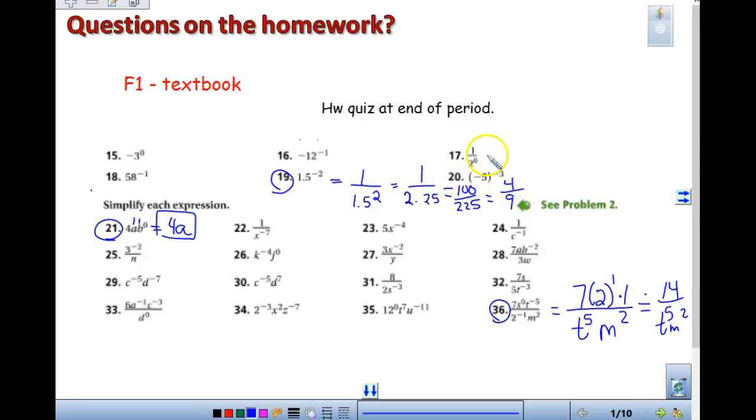So even up here, when I look at this problem and I have 1 over 2 to the 0, that's simply just 1. So here, when I do this one, that's just taking this k to the negative 4 times 1, which is still going to give me k to the negative 4, and now I rewrite it with a positive exponent. Okay? 1 times that, because this would have been like 1 times that, okay?